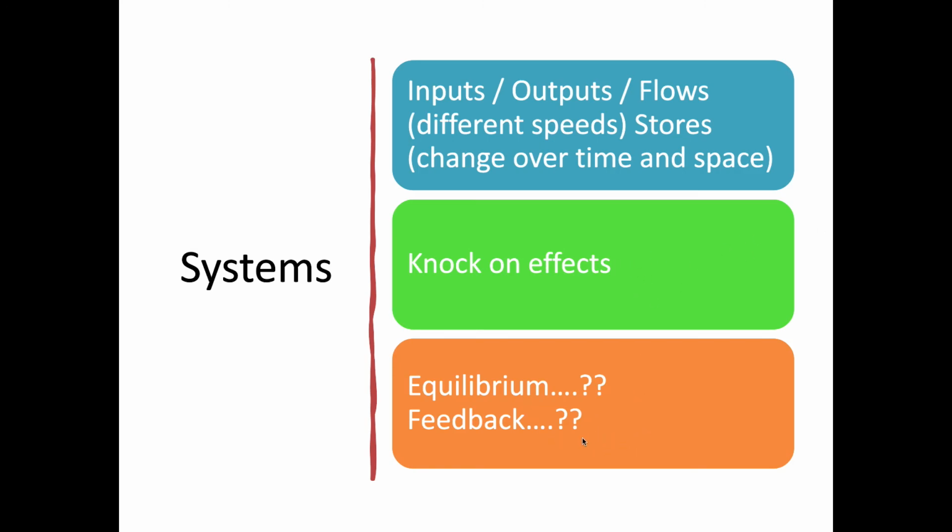And then we're going to really focus on this at the end of the module, so I'm not going to say very much today. But the other thing about systems is that they try to maintain equilibrium. They try to keep themselves balanced. The best example I can give, and my students will be like, oh gosh, yeah, she says it all the time, is your body temperature. Your body is a system.